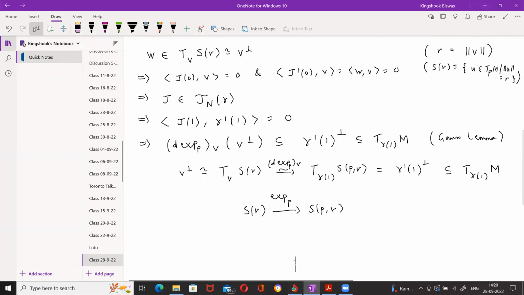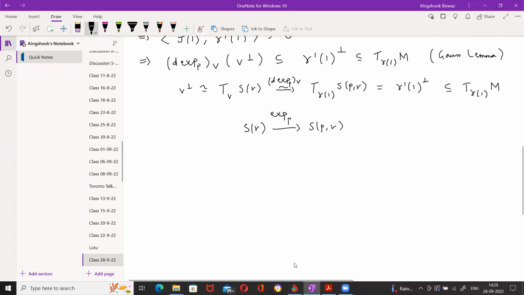What do my solutions look like in that case? We know exactly what the solutions look like. Here we have dimension M equal to 2, and gamma is a geodesic.